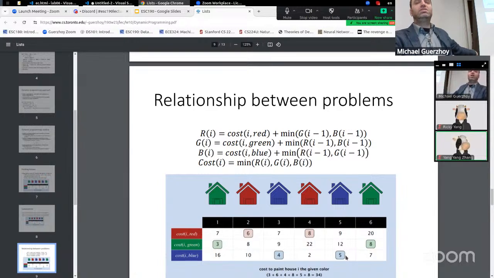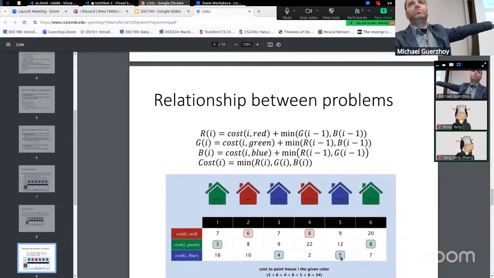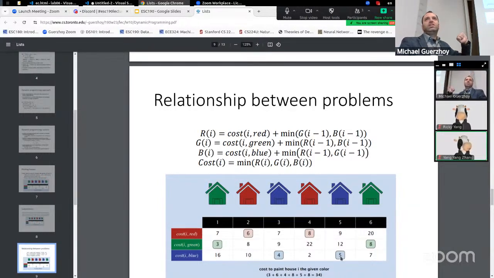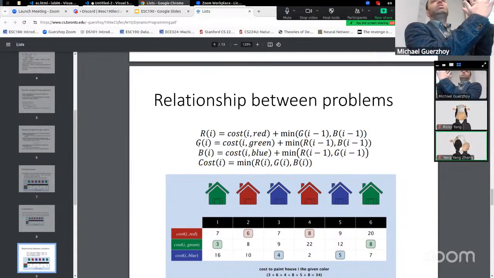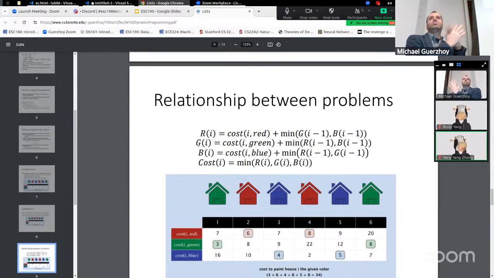I know what the cost is to paint everything up to this one and this was red, and paint this one blue. Does that make sense? So I'm storing information here in RGB that's summarizing everything that's been going on up to that point. Make sense?